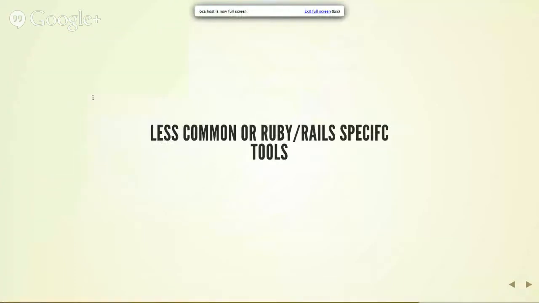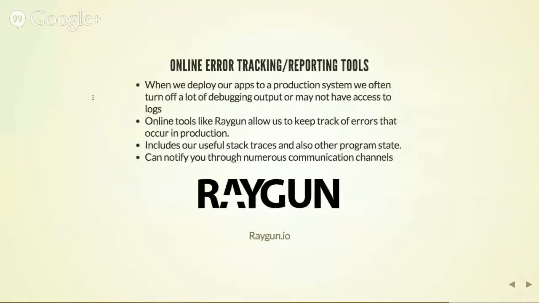Now there's some less common and some Ruby or Rails specific tools as opposed to general concepts. And this is where I get a bit fangirlish and talk about this awesome tool called Raygun.